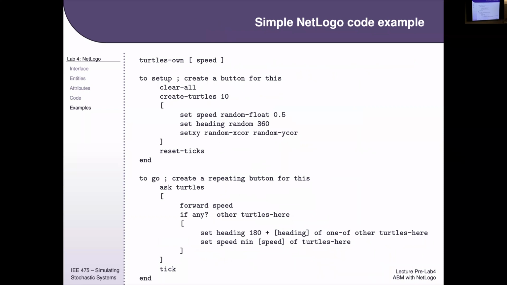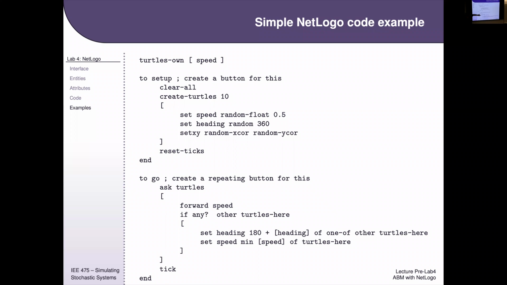So I want to close with this basic example. This is an entire NetLogo program where your turtles basically have a speed attribute, and all that's done up here is you create 10 turtles that each have a random speed and a random heading and position. Then every time I hit that go button, I ask every one of them to go forward with their speed.